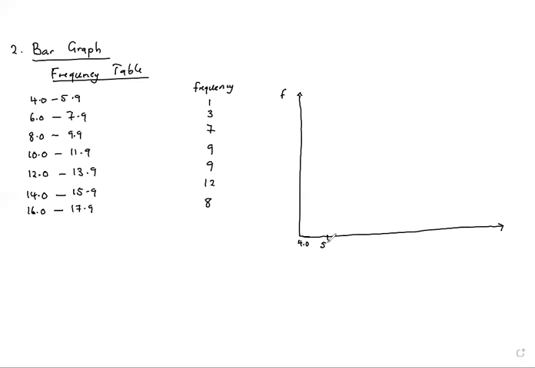Just getting the first numbers on the left: 4.0, 6.0, 8.0. You can also choose to include the numbers that are not represented on the graph.